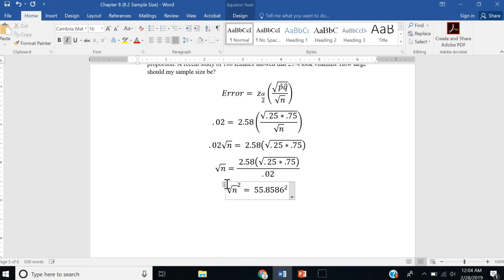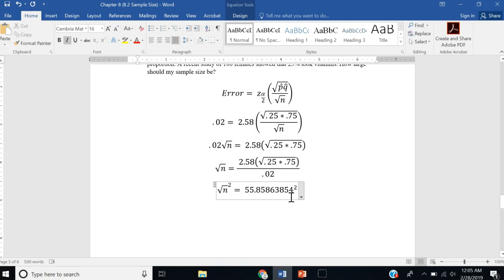And again, I'm not actually rounding this until the very end. I'm saying this is what I get in my calculator, 85863854. I get that all in my calculator.